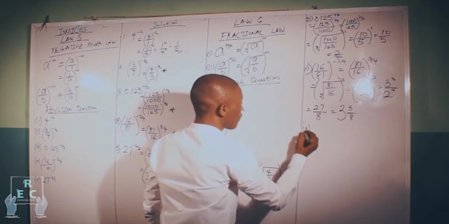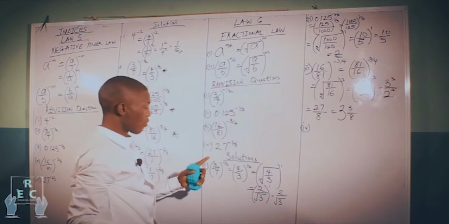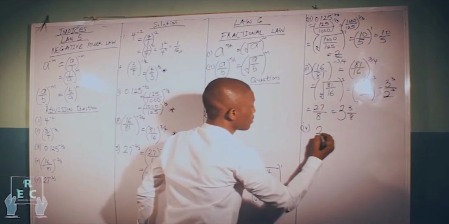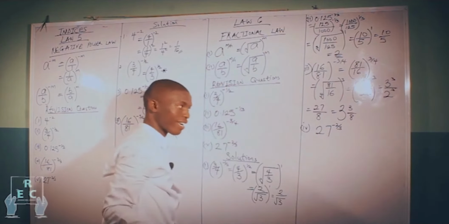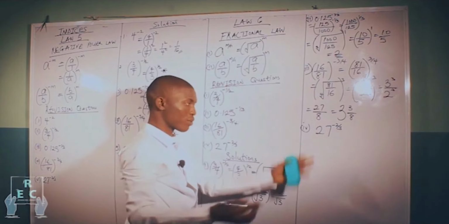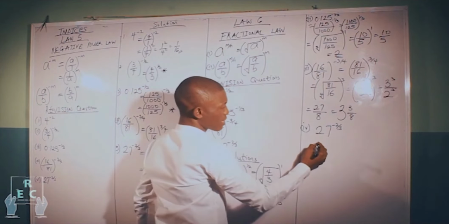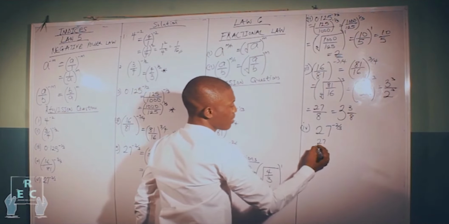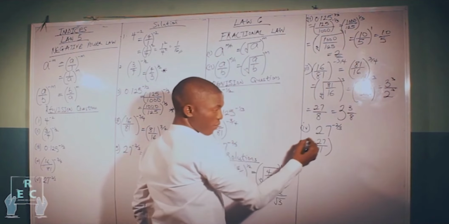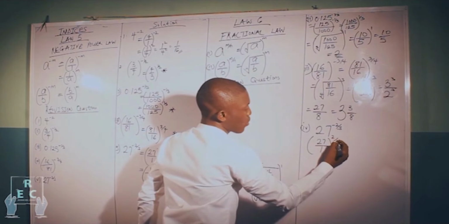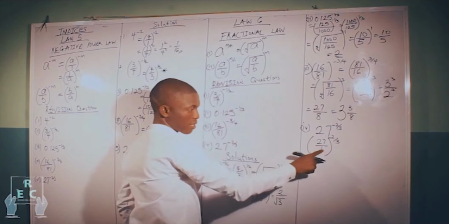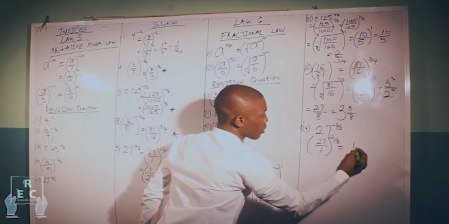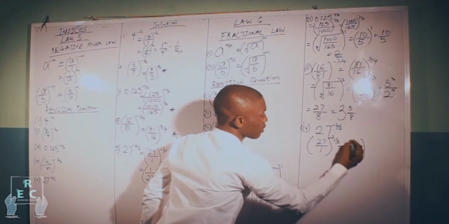And the fourth one, we have 27. Yes, I guess you should have solved this yourself, but let's do it together now. That's 27 over 1 as a fraction first, to the power of negative 2 over 3. Fraction first, thereafter it becomes 1 over 27.